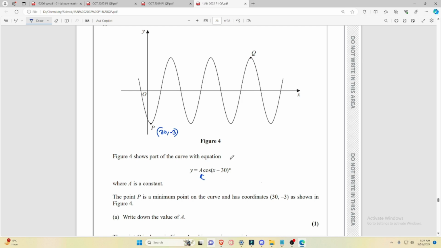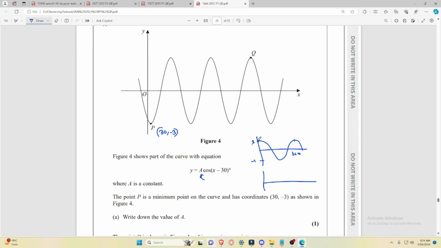Okay, before doing any transformation, let's look at the base graph of cos x. Normally a cos graph would start from 1 and reach a minimum of -1, and it would have its first iteration at 360 degrees. In this case, since it is x minus 30, it would move 30 boxes forward.